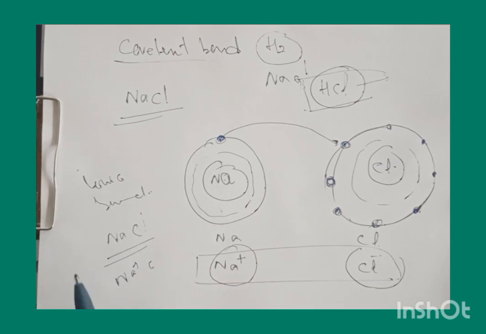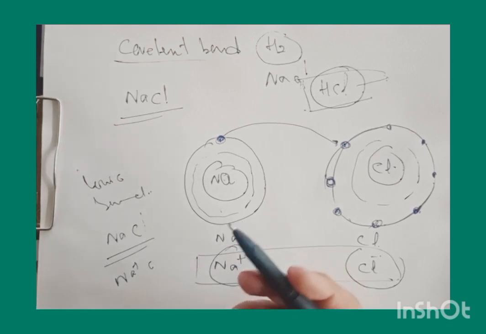Now, if some of the interacting electrons are forced into higher energy states, then the system may have more energy than before, and that system will be unstable.